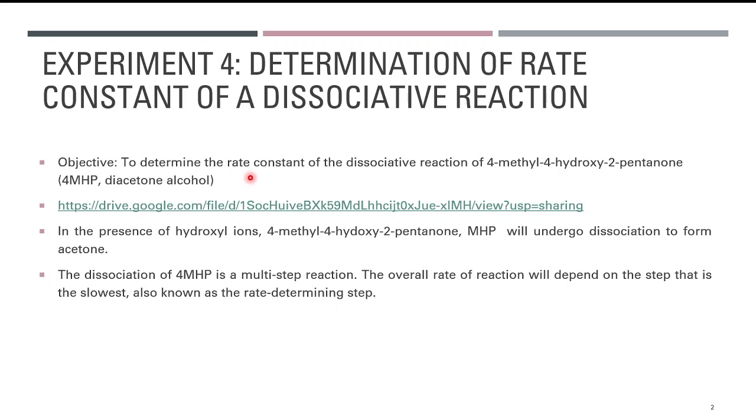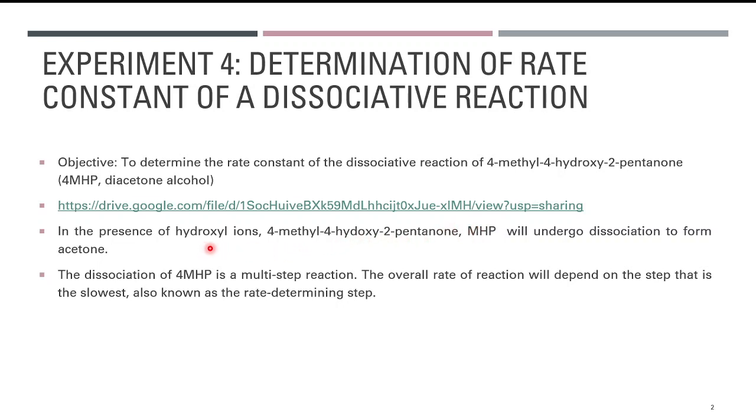So we want to find the rate constant for this compound. So this is the video to show the experimental setup and how the experiment is conducted. Okay, so do watch that before you continue with the rest of these slides.